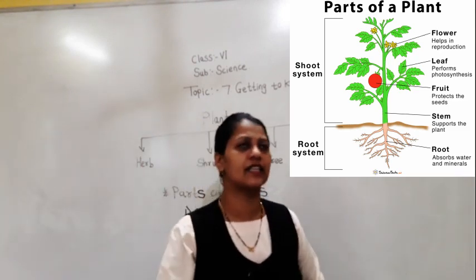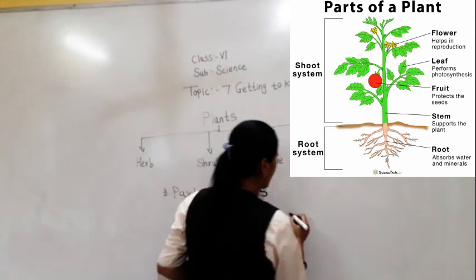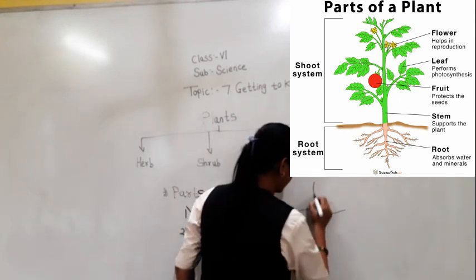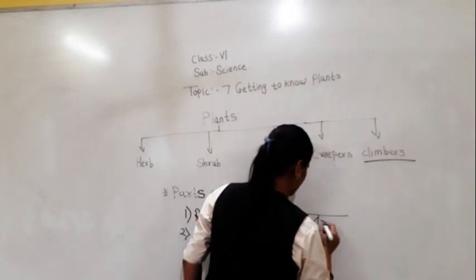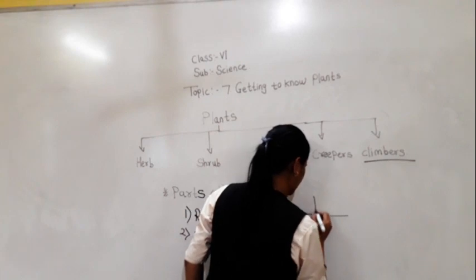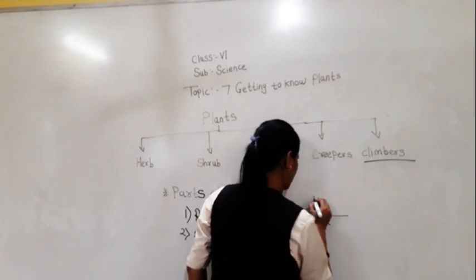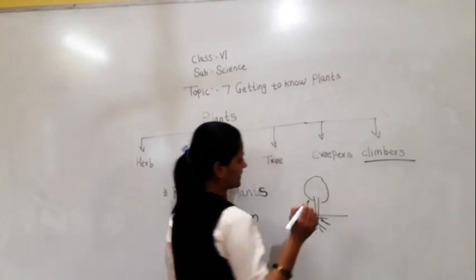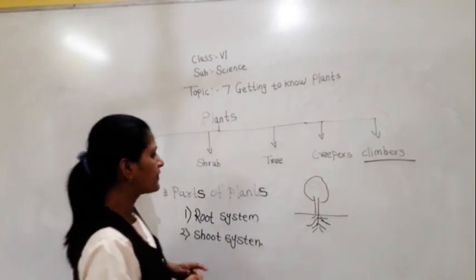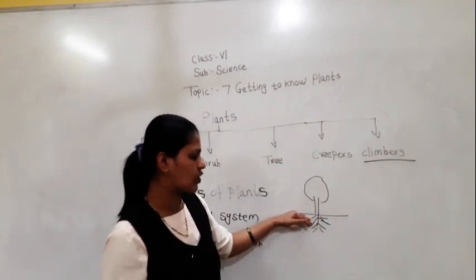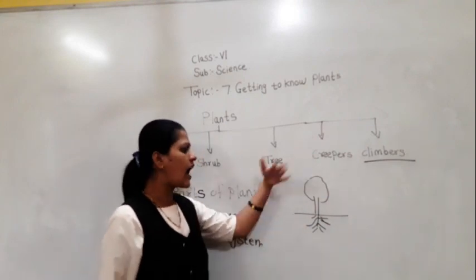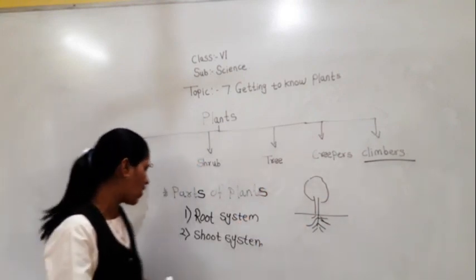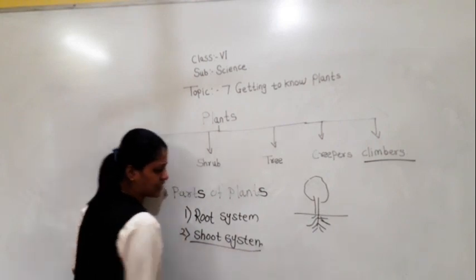Now as you know, suppose this is a plant. Let's take this as an example of a plant. The part which grows above the ground is called the shoot system.